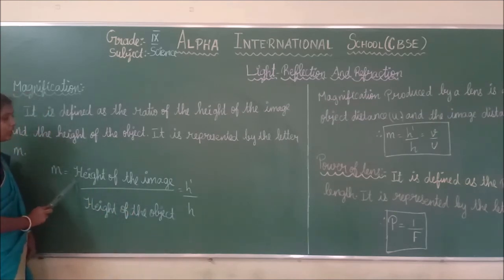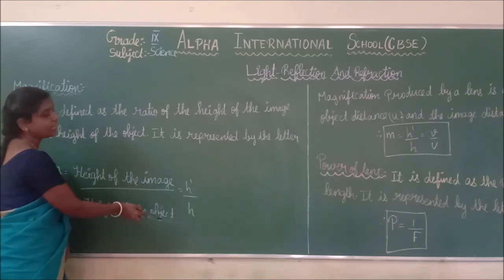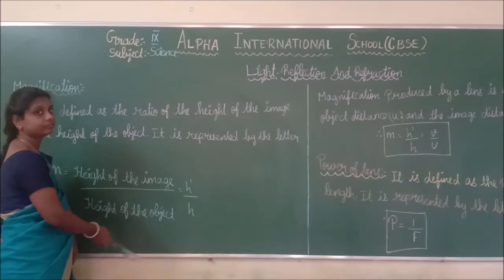Therefore, M is equal to h dash divided by h. Do you understand, students?